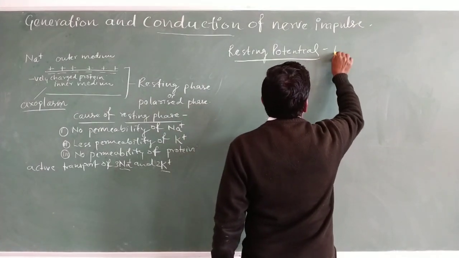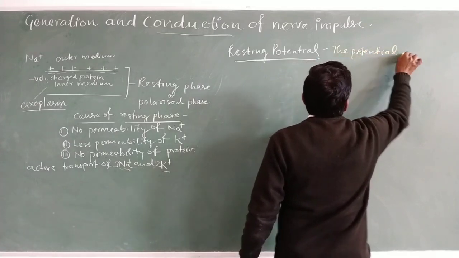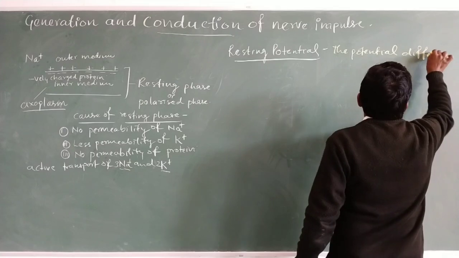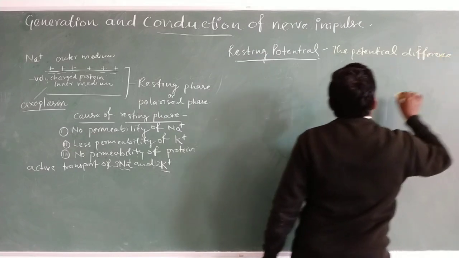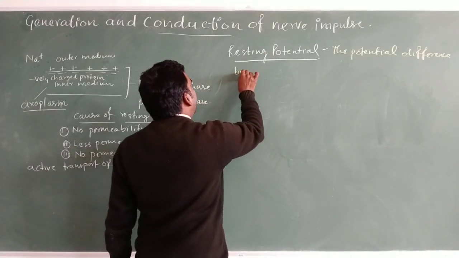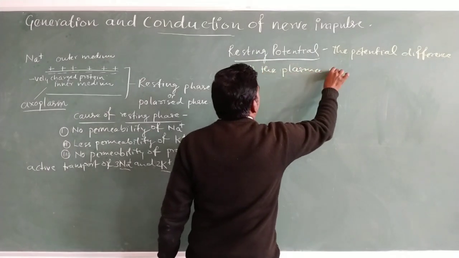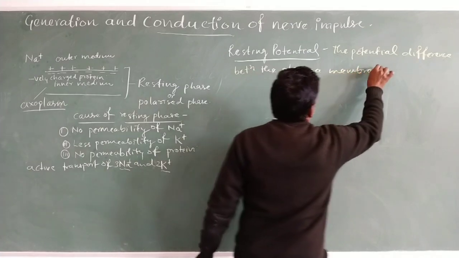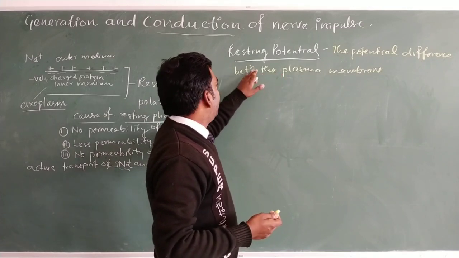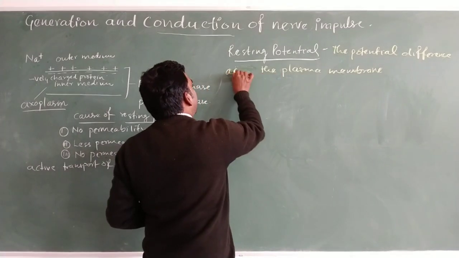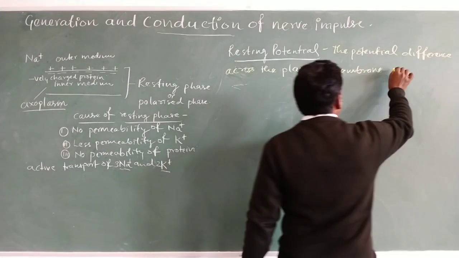The resting potential is the potential difference across the plasma membrane in the resting phase.